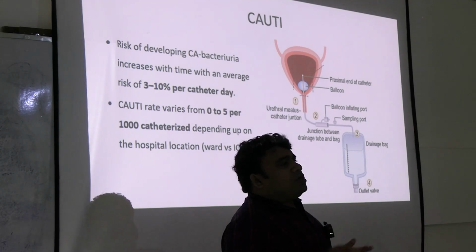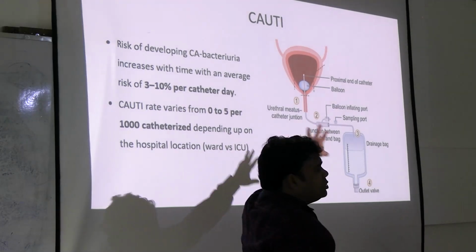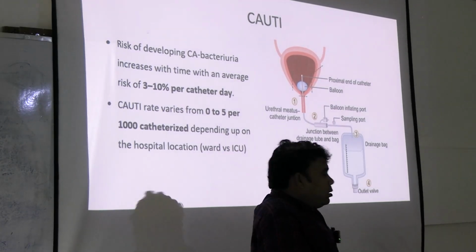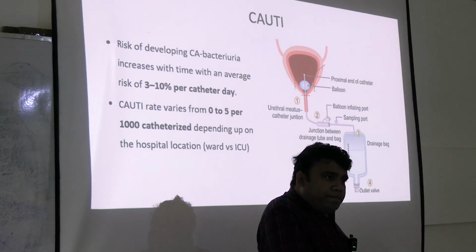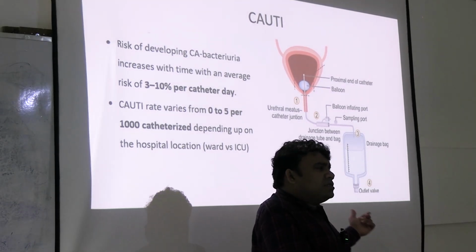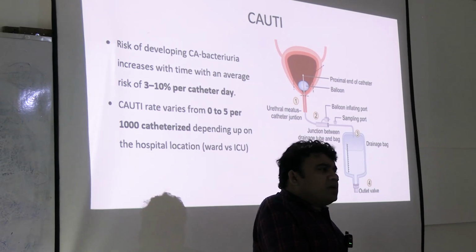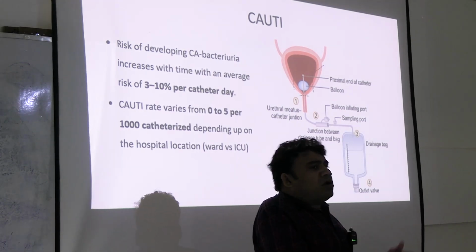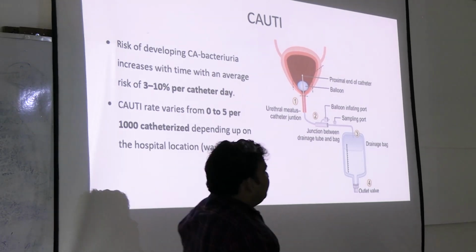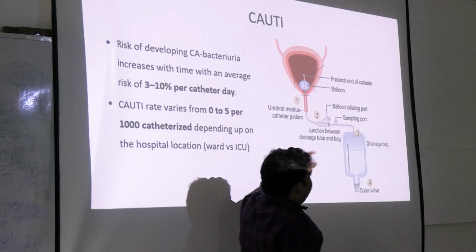Now, how does the organism enter? Now, this is a closed system, right? The catheter is inside the bladder and the other end of the catheter is inside the urobag. So, ideally it's a closed system, so the organism cannot enter. So, how does the organism enter into the urinary tract?